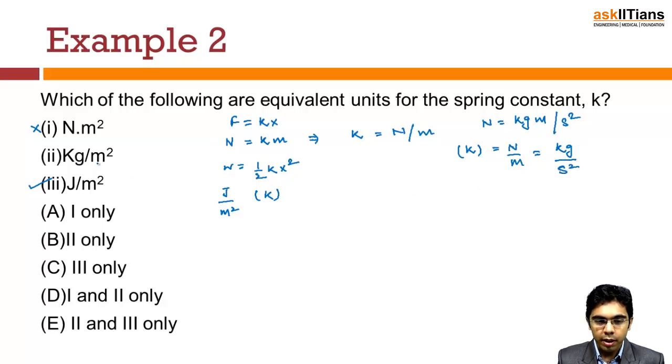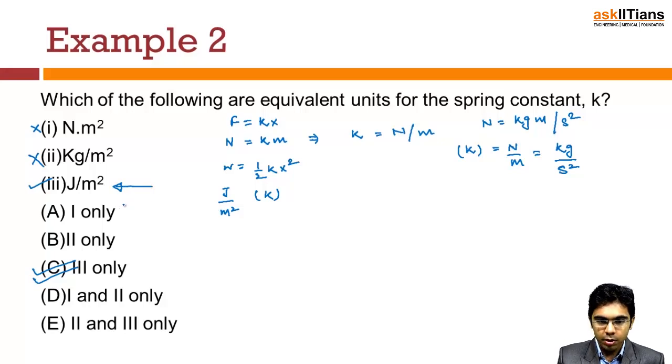Therefore this one is also wrong, kg per meter square. So option C is correct, only option 3, that is joule per meter square.